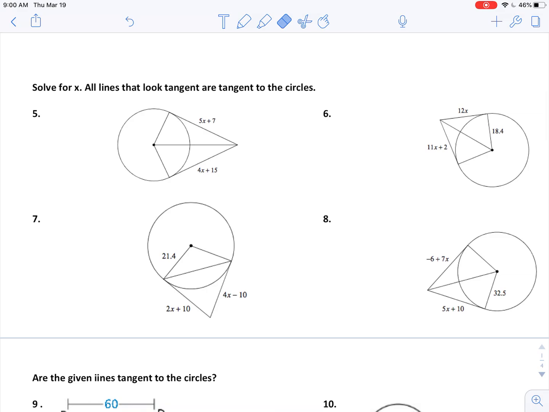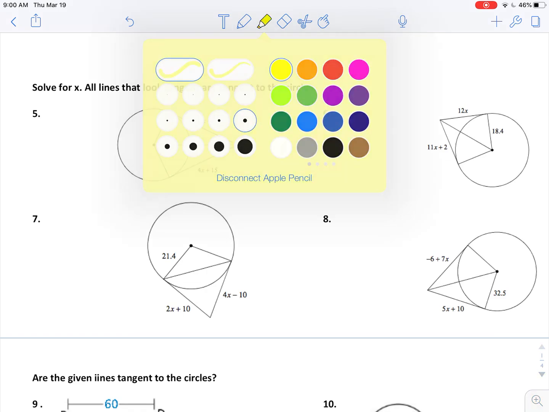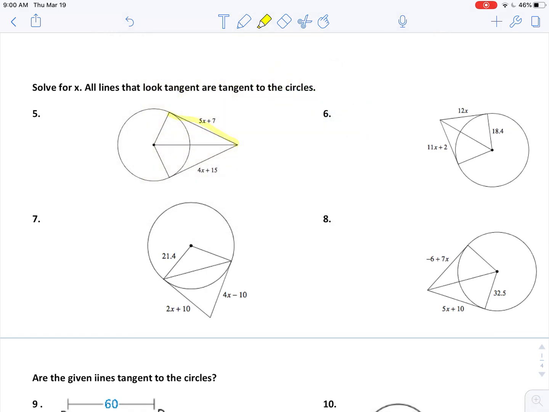All right, now we're back into tangents. And what do I know about these tangents? They're coming from the same point, going to the same circle. So what can I do with these two tangent lines, these two measures? Well, they're from the same point to the same circle.